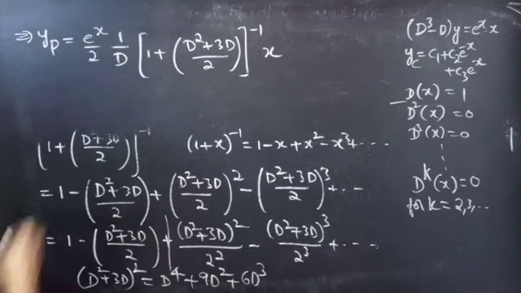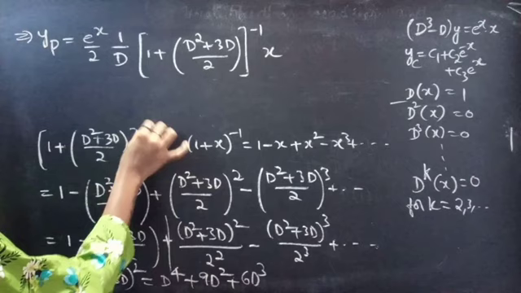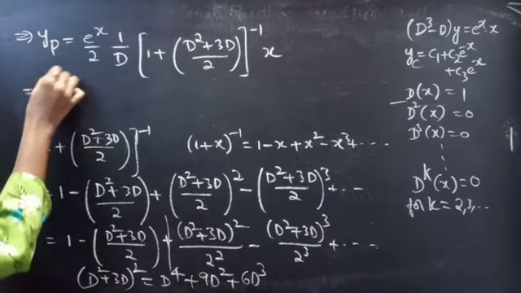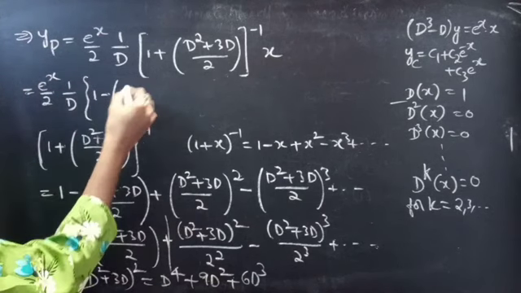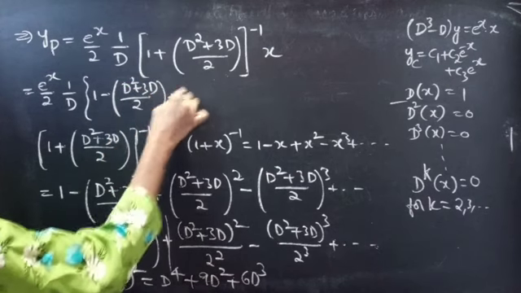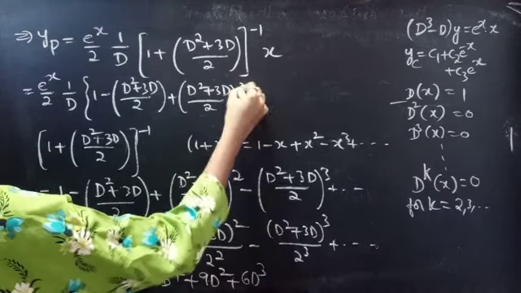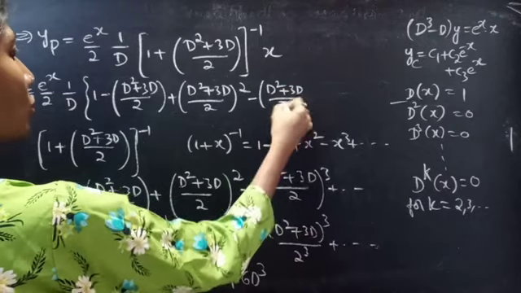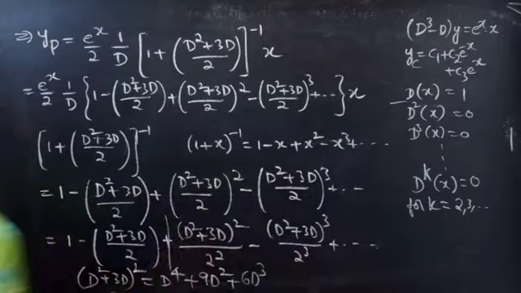Now, coming to yp, let's expand this. yp becomes e^(x/2) · (1/d) · [1 − (d² + 3d)/2 + ((d² + 3d)²)/2² − ((d² + 3d)³)/2³ + so on] x, right?